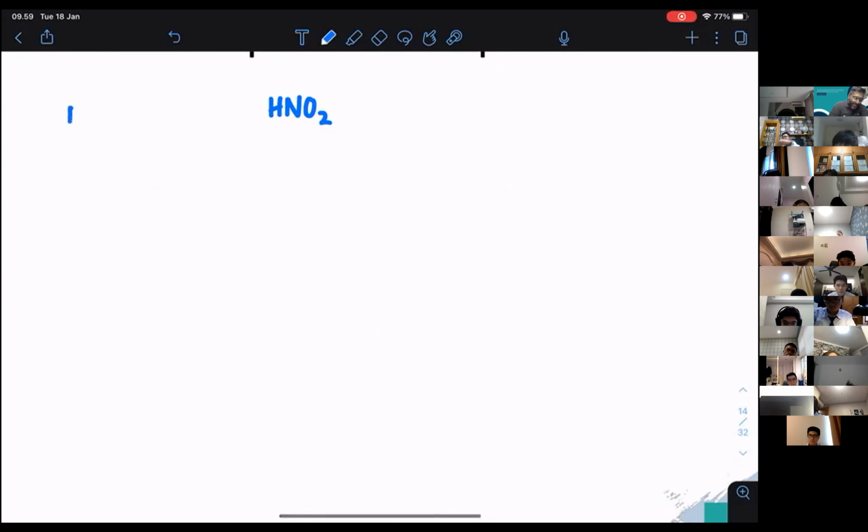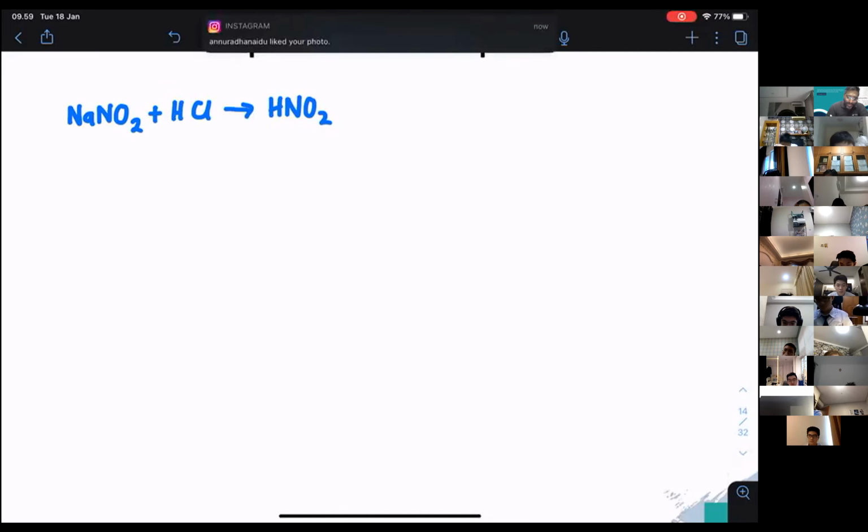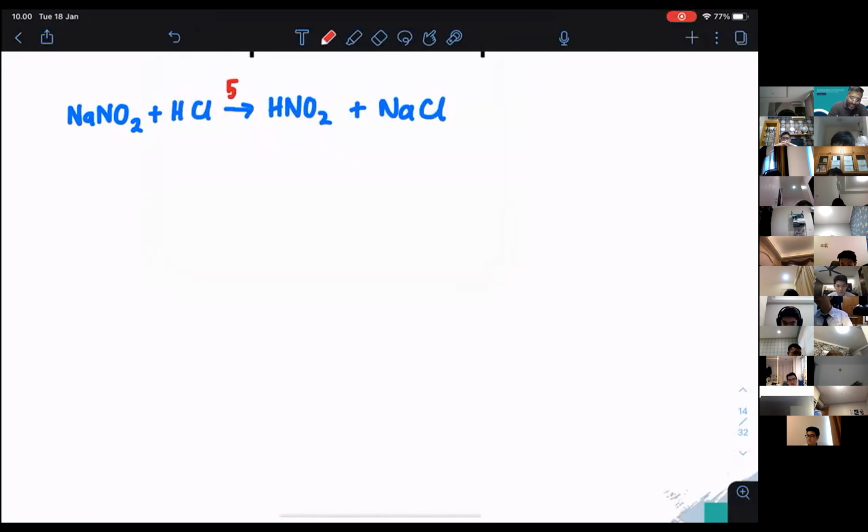You prepare it with NaNO2 reacting with HCl. You are going to get HNO2 plus NaCl. Very simple. And this reaction is done at less than 10 degrees Celsius.